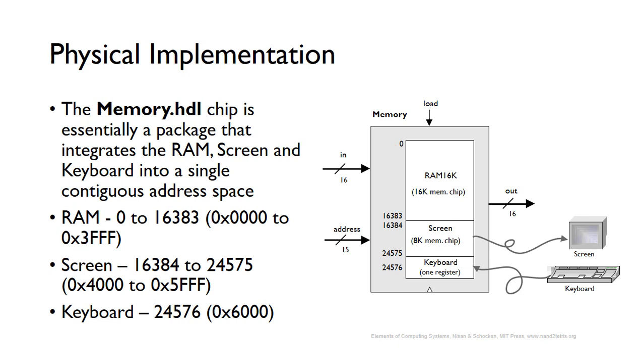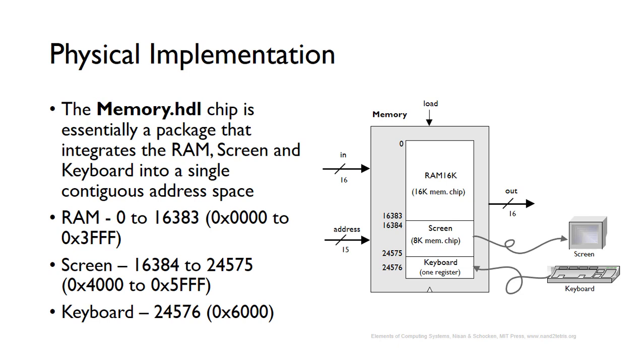And the screen, which in reality will also go from 0 to an 8K address range, is essentially shifted from 16384 to 24575. So that's the next 8K block of memory, which corresponds to the screen, and the keyboard is this final single register at the end. So it's got this one register at 24576.